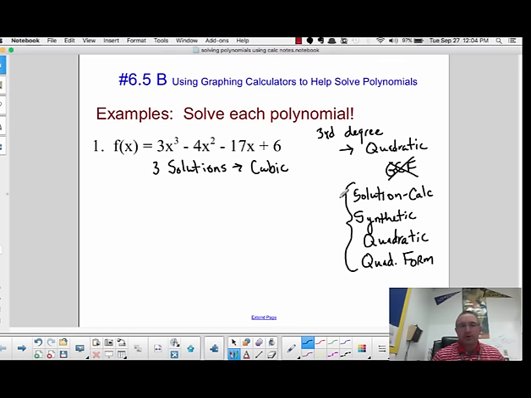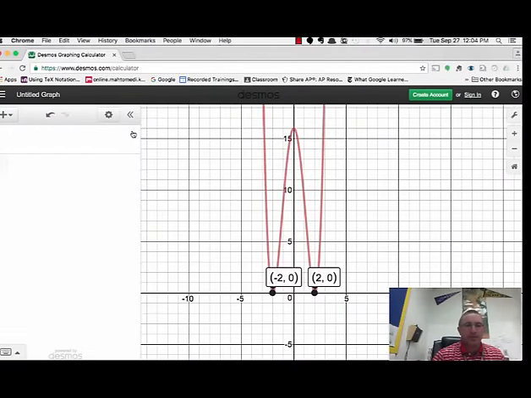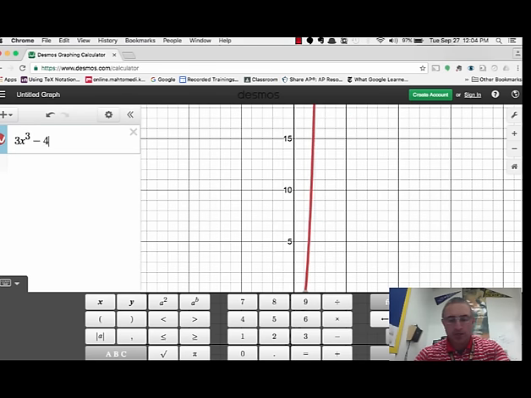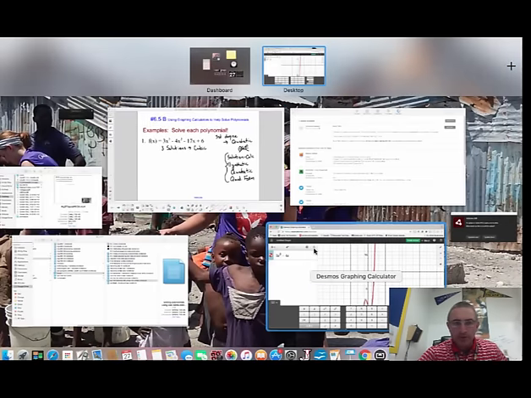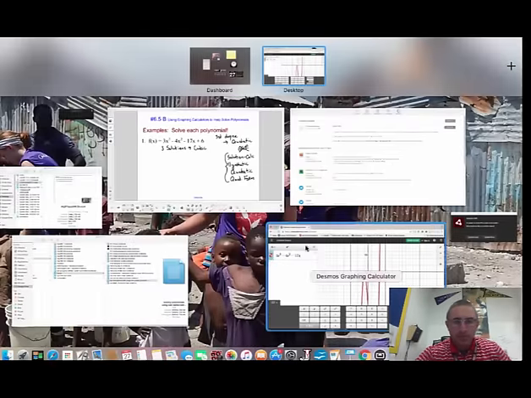I'm going to put this function into a graphing calculator. My graphing calculator isn't working, it's a TI-81, but we can use Desmos. So 3x cubed minus 4x squared minus 17x plus 6.